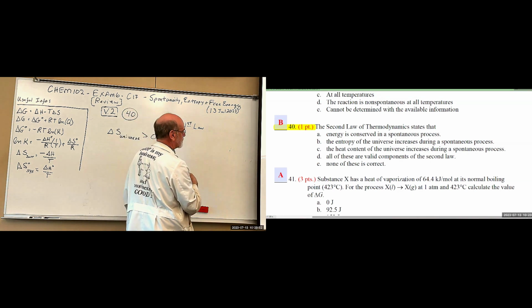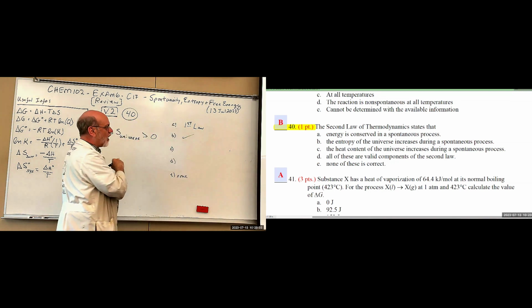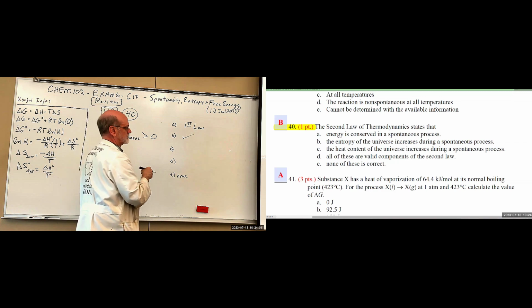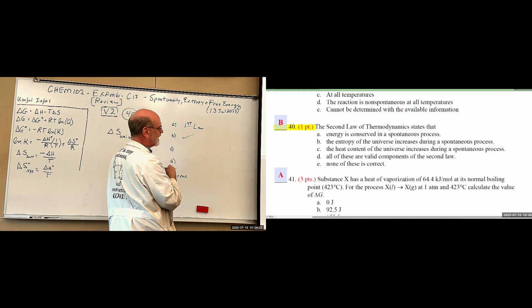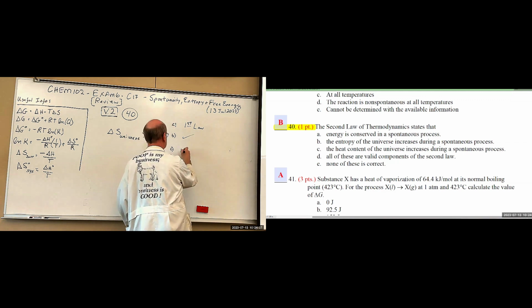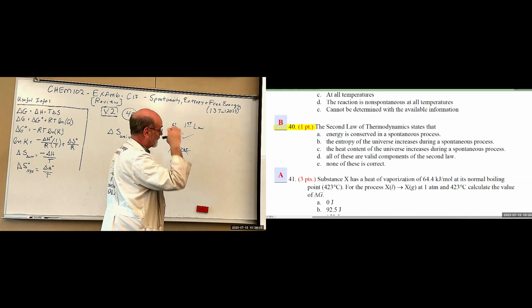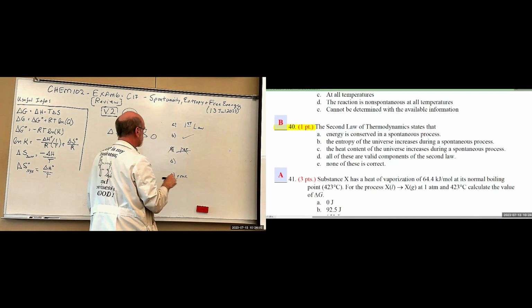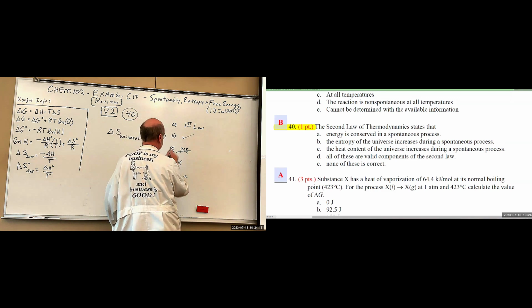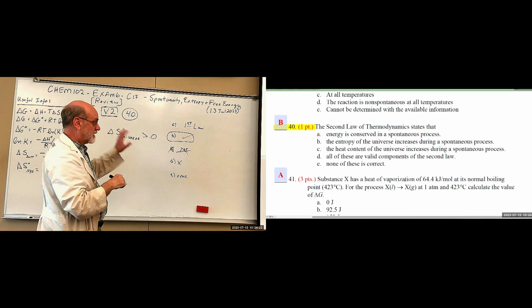So it's not A. B, the entropy of the universe increases during a spontaneous process, that's it. Entropy always increases in a spontaneous process. The heat content of the universe increases. No, that's the false first law, right? That's wrong. All of these are valid components of the second law, so just this one only has to do with entropy.